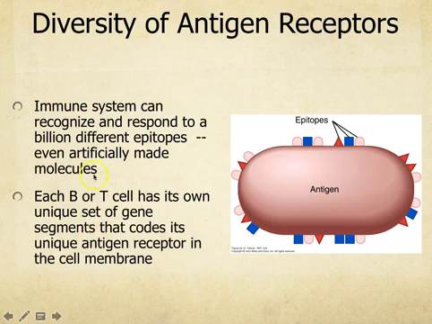Each B and T cell is going to be specific for a specific epitope. All this is trying to say is that it has a very unique segment that will code for a unique antigen receptor. So this B cell maybe responds to this epitope. Another one will respond to this one. Another one responds to this one. Maybe another one will only respond to that one. It just depends.